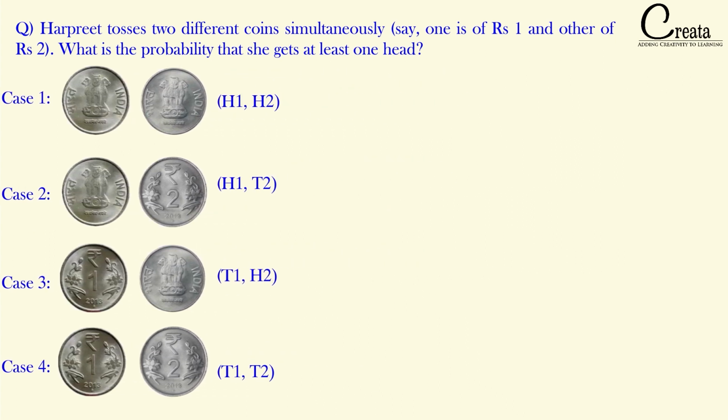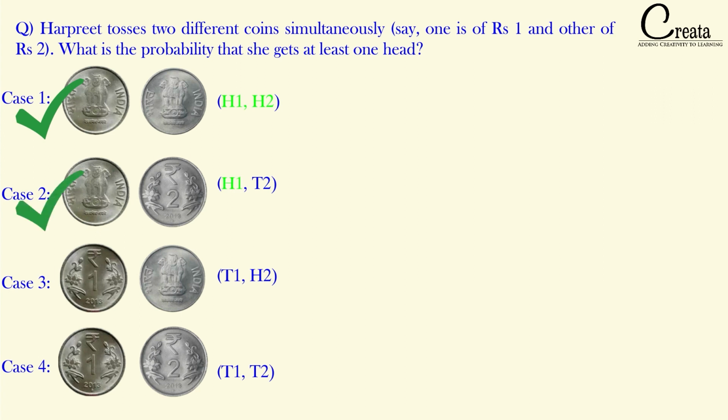So the question is that we have to find the probability in which she gets at least one head. If you observe all the 4 scenarios, tell me in which scenarios we are getting at least one head. In the first scenario, we are getting two heads. Yes, the condition of at least one head is matching. In the second scenario, we are getting one head.